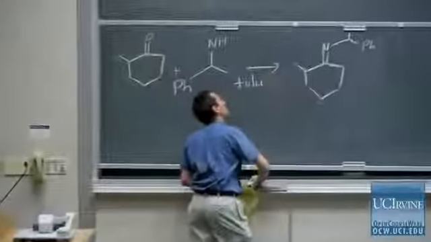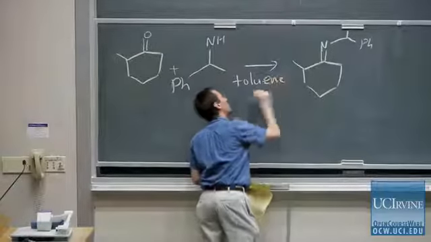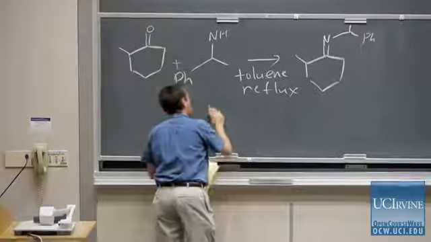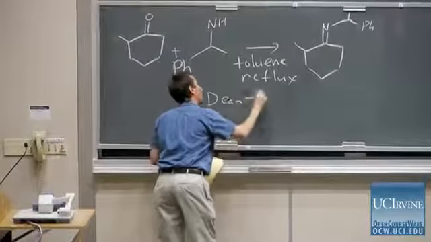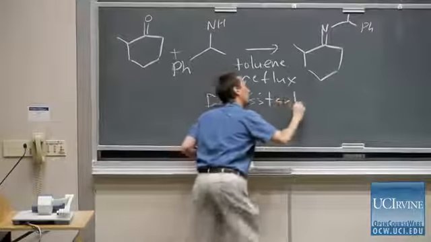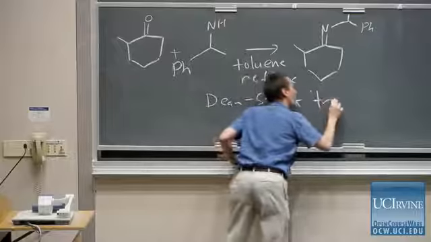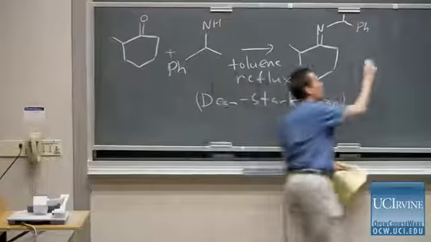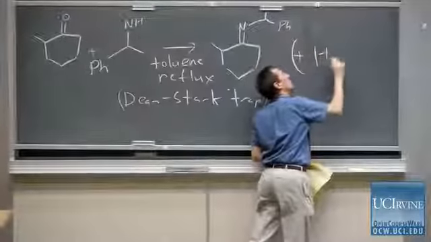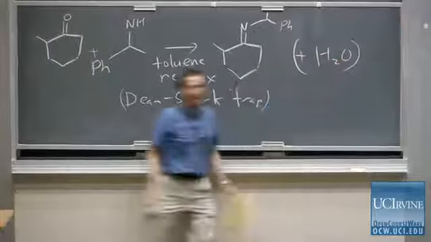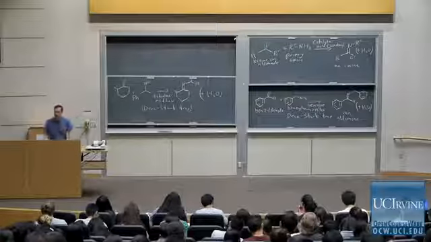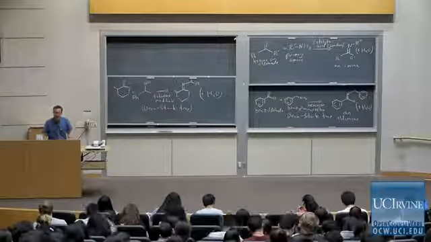And refluxing in toluene, again with a Dean-Stark apparatus, drives the reaction. And of course, you get water as a byproduct of the reaction, which you collect in the Dean-Stark trap. If I had my choice personally between using benzene or toluene, I prefer to use toluene.